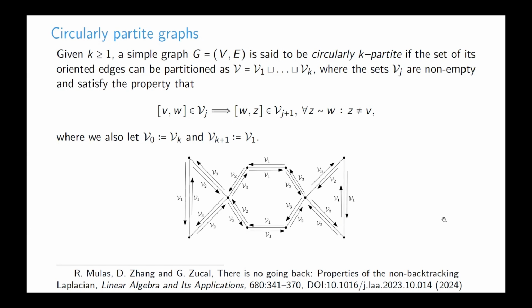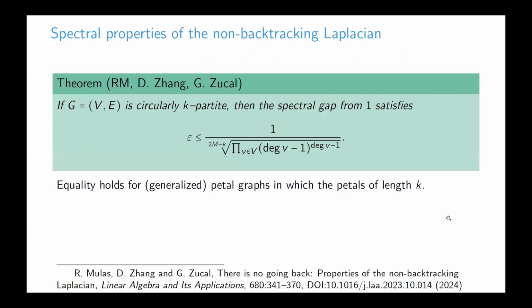Okay, so as I said, we define this family to give an upper bound for the spectral gap from 1, and this is the result that we have. If G is circularly k-partite, then the spectral gap from 1 satisfies this bound, and this quantity here is smaller for k bigger, so we are interested in knowing what's the largest k for which this is possible.